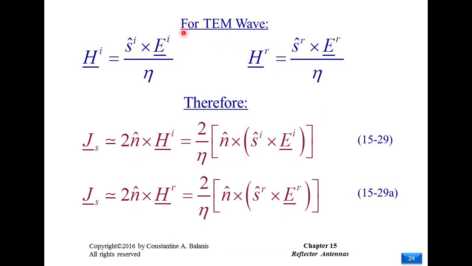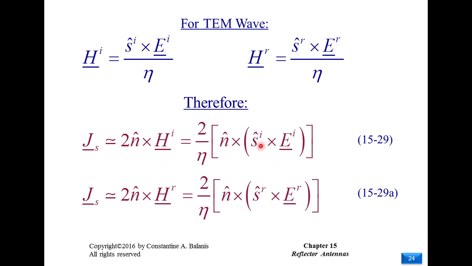So for a TEM wave, we know that H incident equals the direction of propagation cross E over eta. H reflected equals the reflected wave direction cross E reflected over eta.